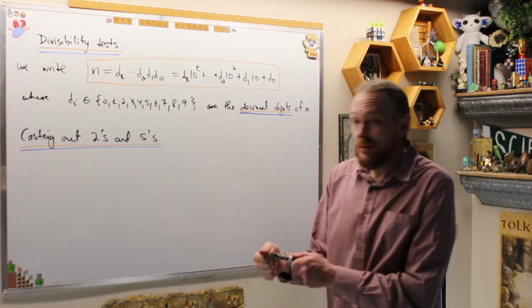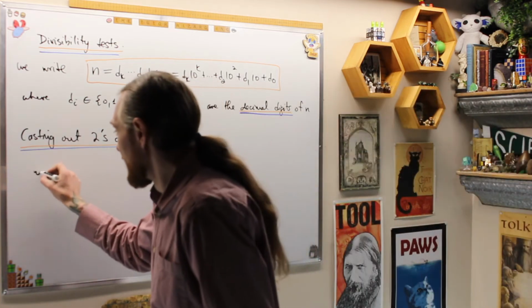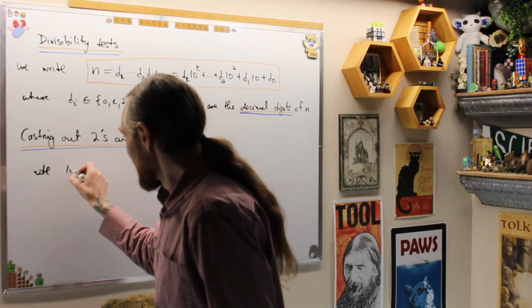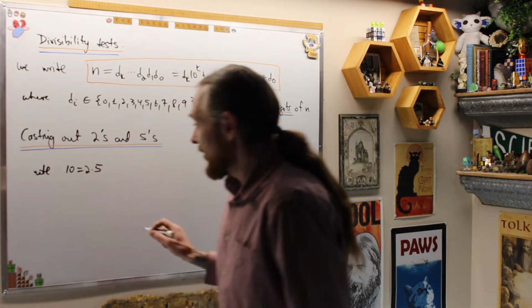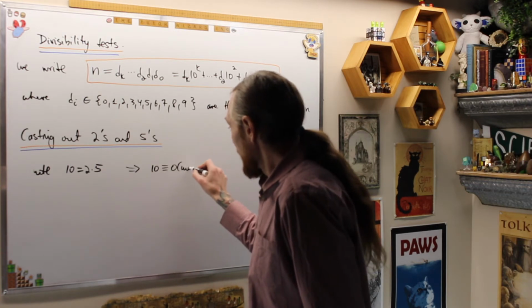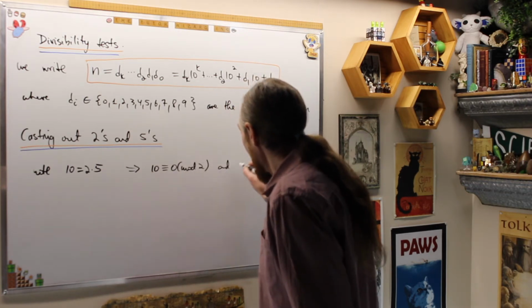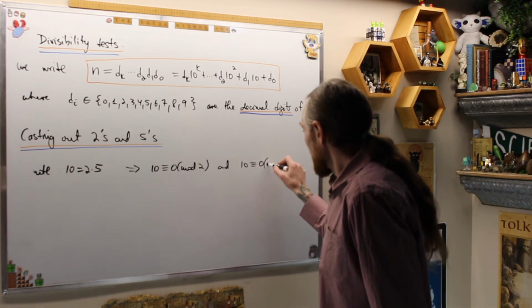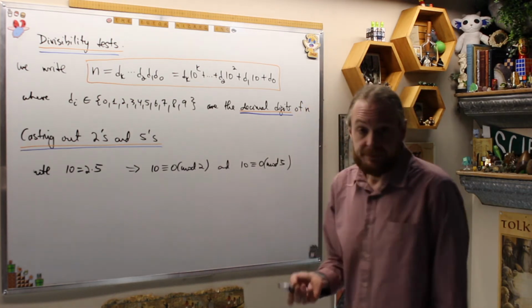All right, so for 2s, note why we can do them at the same time: 10 is 2 times 5, so 10 is congruent to 0 modulo 2, and 10 is congruent to 0 modulo 5.